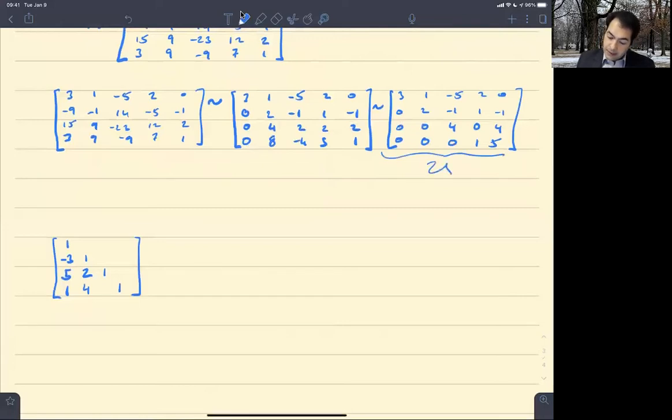Right, and we can write how we got U in terms of A. So to A, the first thing we did was P3,2,1. Then the next thing we did was P-5,3,1. Then the next thing we did was P-1,4,1. Then we did P-2,3,2.